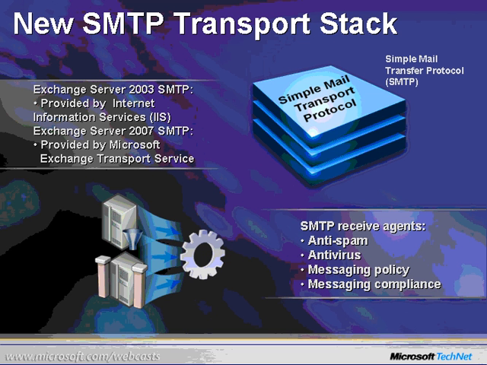So let's move on to the next slide, which is talking about the new SMTP transport stack. And I believe I briefly mentioned this on Friday, but the key here is rather than depending on the core SMTP stack that comes with IIS on Windows Server 2003, we are no longer dependent upon that. And when you do that, then you no longer have to be dependent upon IIS itself.